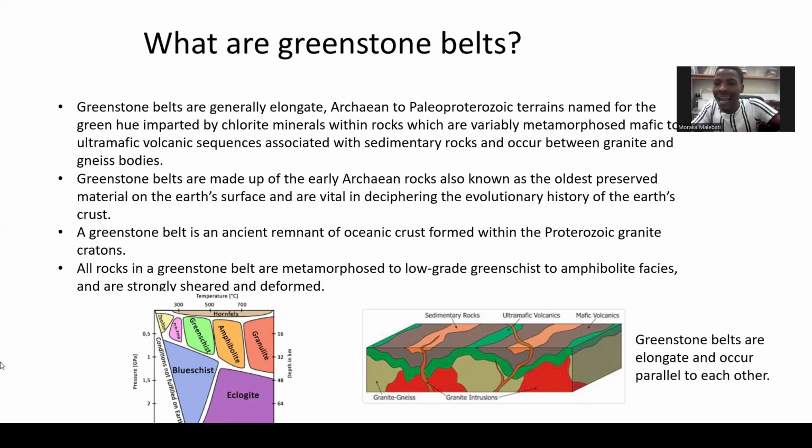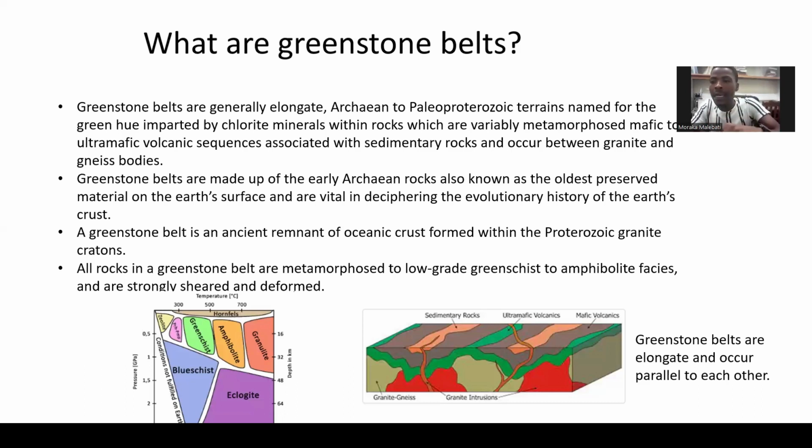Greenstone belts are elongate, or linear. Basically, a greenstone is just a mafic to ultramafic rock that is green in color. But now why belt?